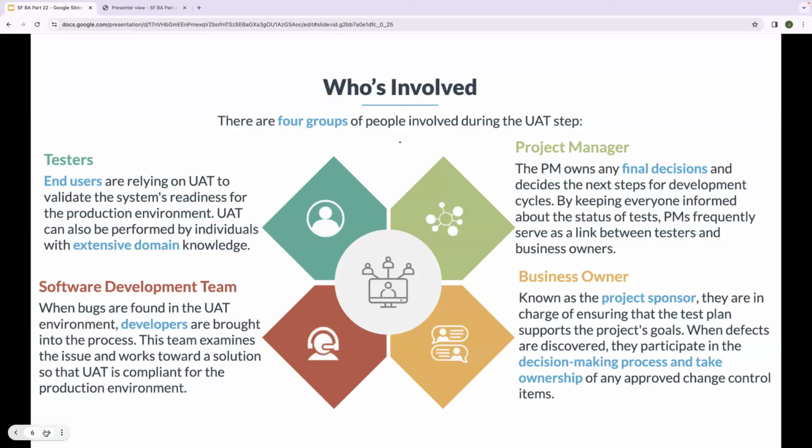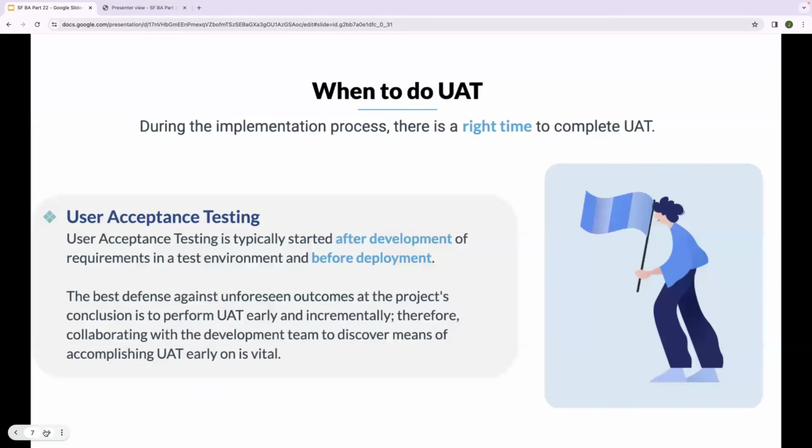Business owners, known as the project sponsor. They are in charge of ensuring that the test plan supports the project goals. When defects are discovered, they participate in the decision making process and take ownership of any approval change control items. When to do UAT? During the implementation process, there is a right time to complete UAT.